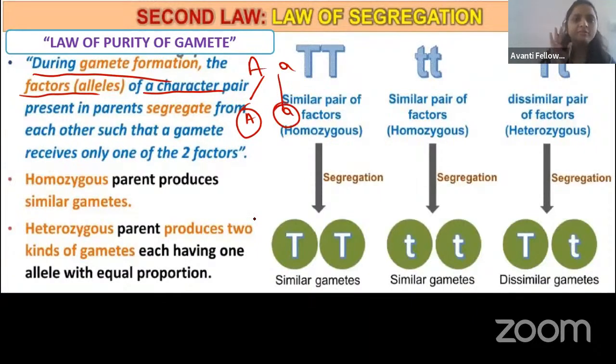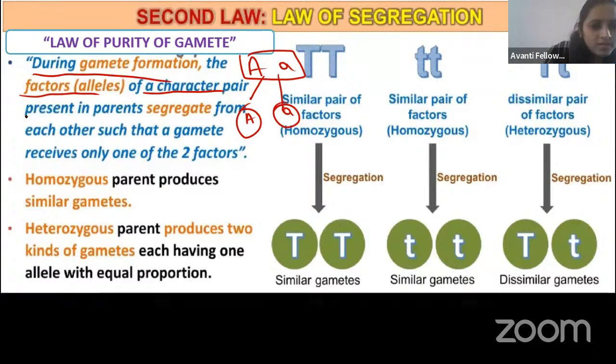That is what we call segregation. Together the alleles are there. What happens during the gamete formation? They will segregate. If you get the diploid, during the meiosis, what will happen, guys? It will become a haploid, right? So that is what they are telling here.